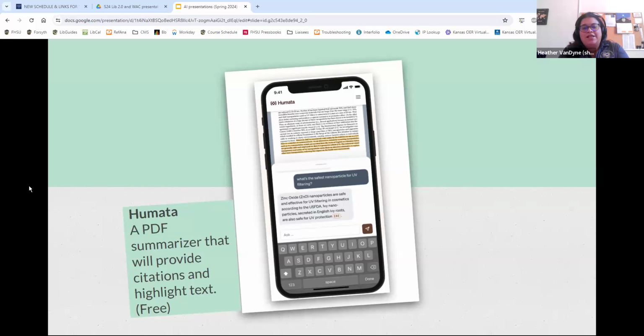You are able to highlight the text and it will sum up the article and point to where exactly it got that information from. This is a free AI platform, and you are able to ask follow-up questions to help summarize further.